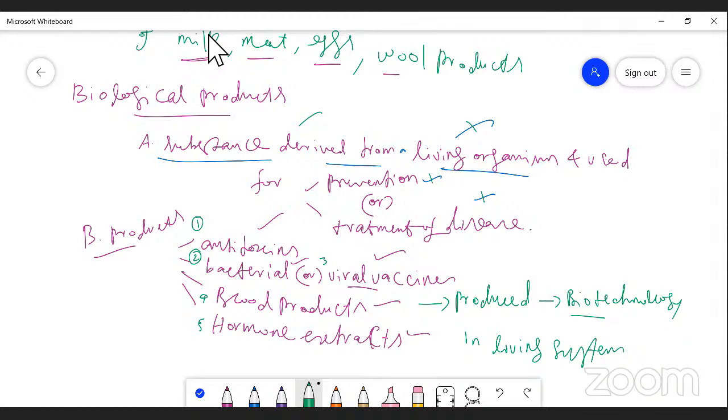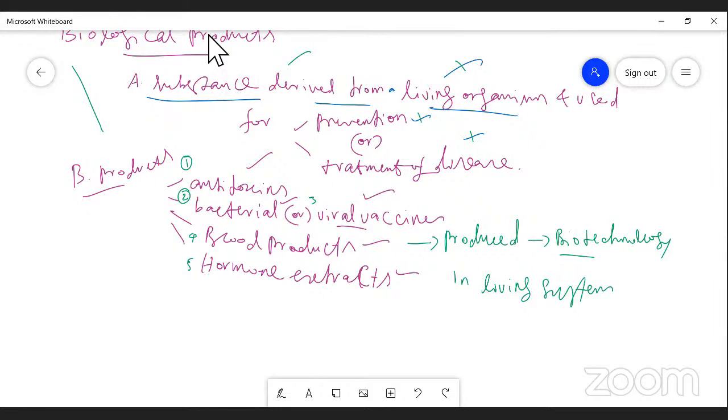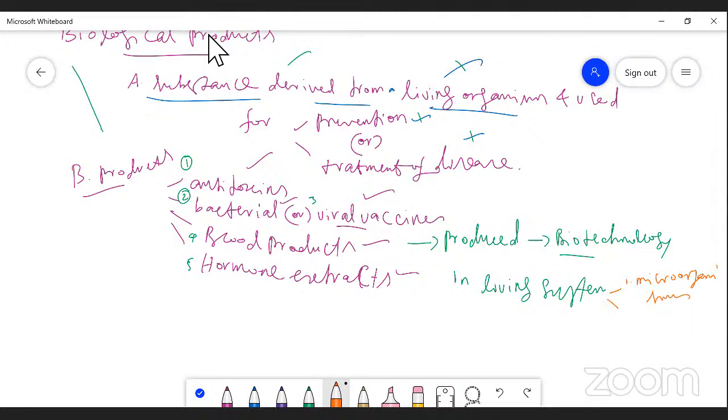In living systems. What is meant by a living system? The living system may be microorganisms, whether bacteria, virus, or fungi, or a plant cell, or an animal cell.